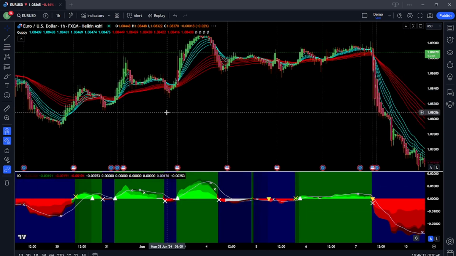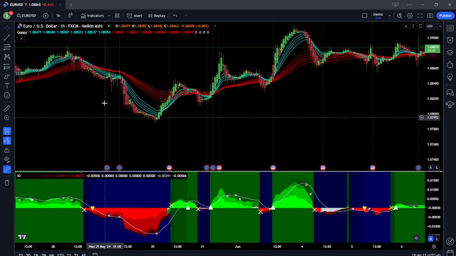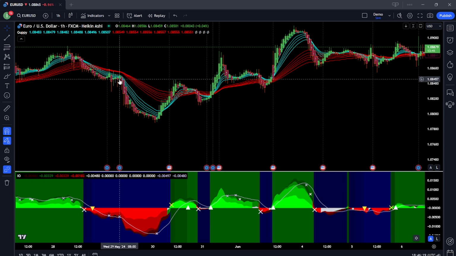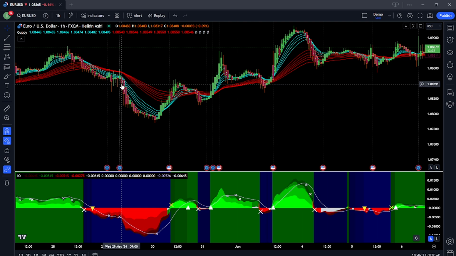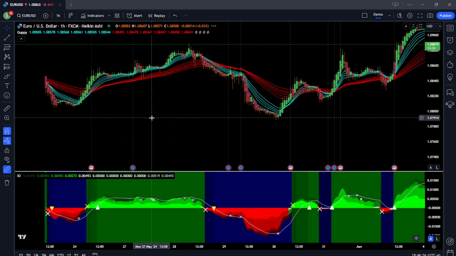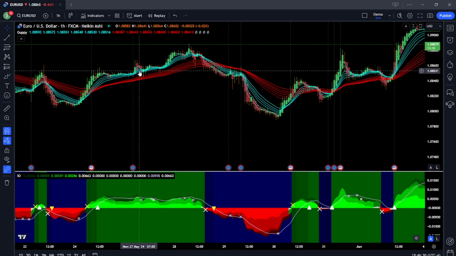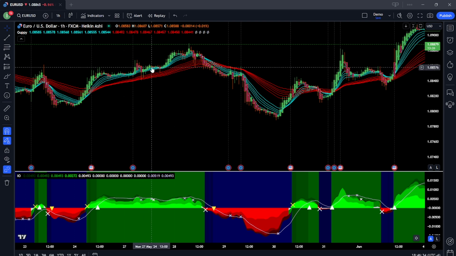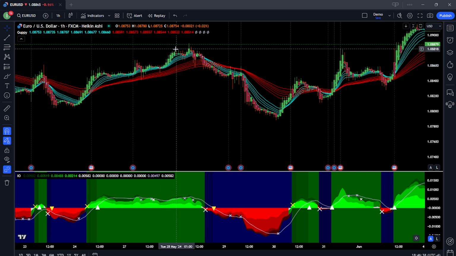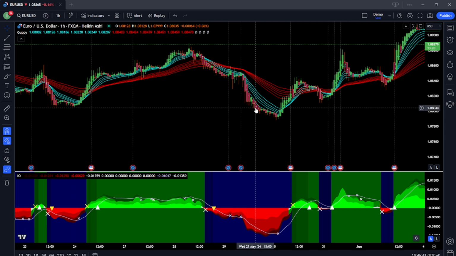So this Guppy EMA helps with trading a lot, because it's going to tell you if both long-term and short-term traders agreed to the same decision, either to go bullish or bearish.